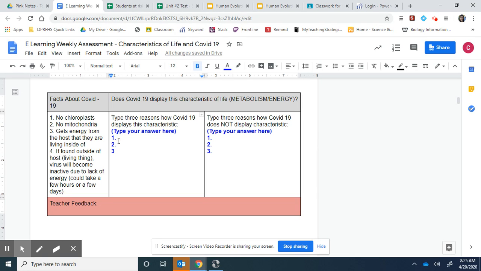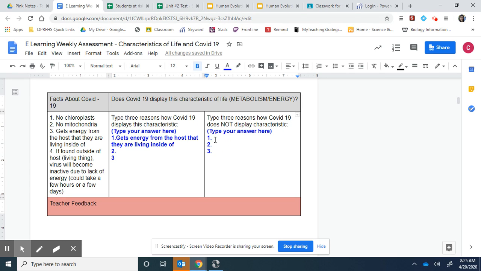So in this case, when I looked over here, I see that it gets energy from the thing it lives inside. So I'm going to write gets energy from the host that they are living inside. Okay. That's my argument that the virus somehow gets energy and somehow has energy to survive.